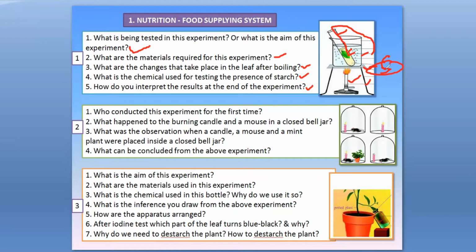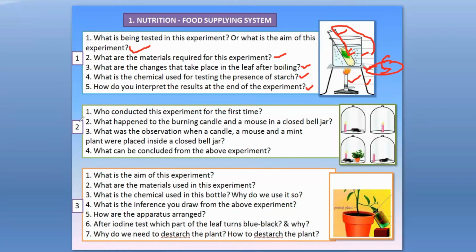Because in that region starch is present. So when we pour the iodine reagent onto the leaves where the chlorophyll was there, that region turns blue black because of the presence of starch. So this is about the answers regarding this activity-cum-diagram based question.